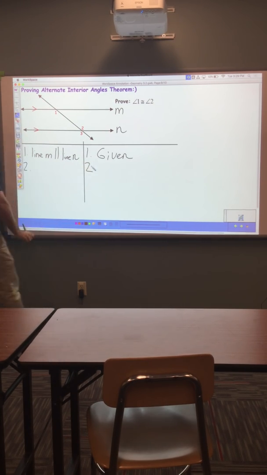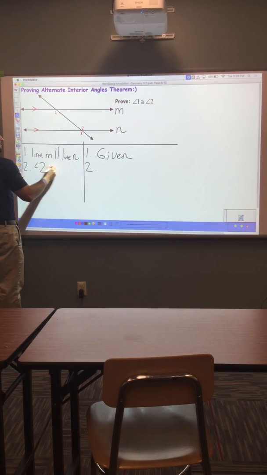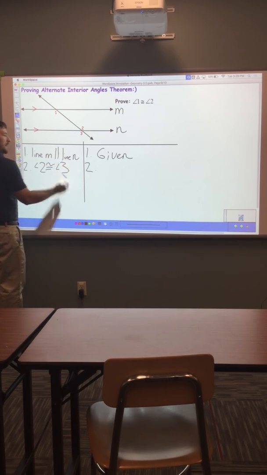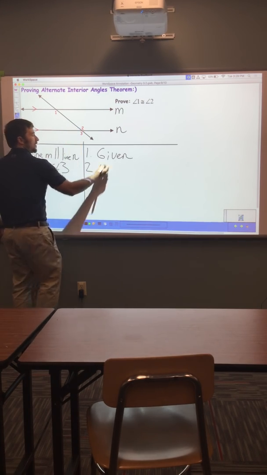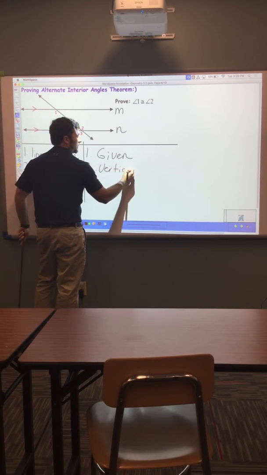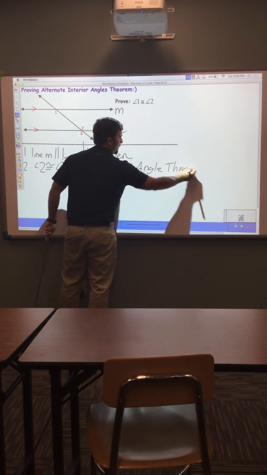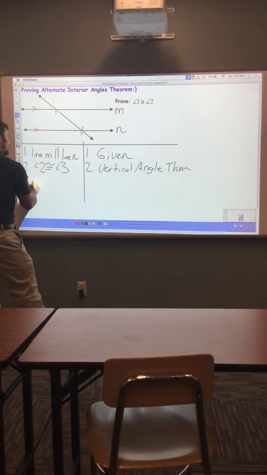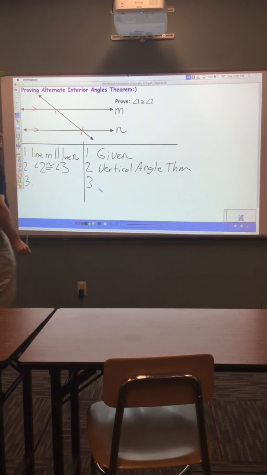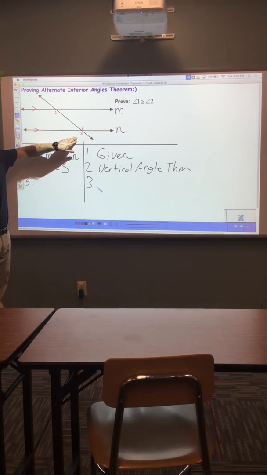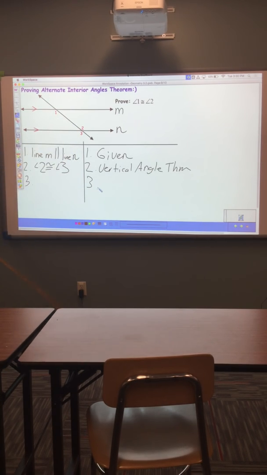Something you should be on the lookout by now is vertical angles. So the next step would be angle 2 is congruent to angle 3. That's our vertical angle theorem, which says vertical angles are congruent. Then for step 3, well, we're proving alternate interior. We do have the corresponding angle postulate that we can use here, which says your corresponding angles are congruent.